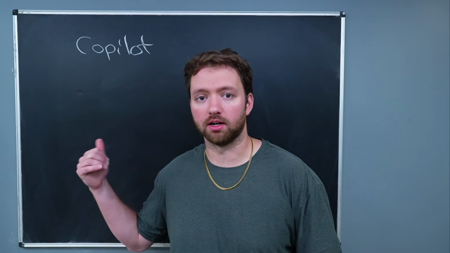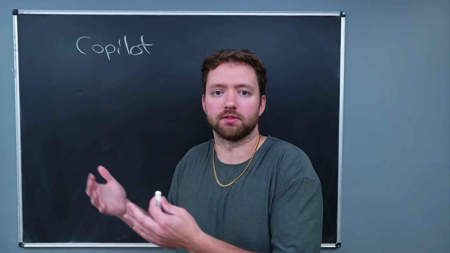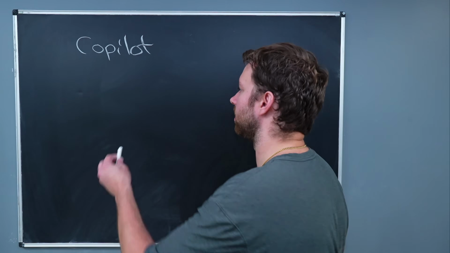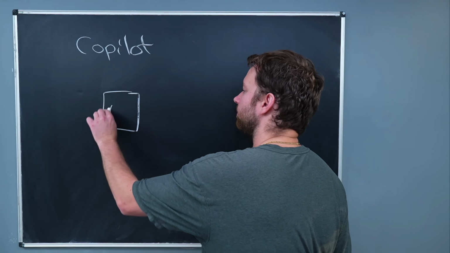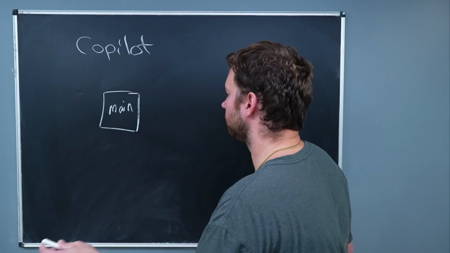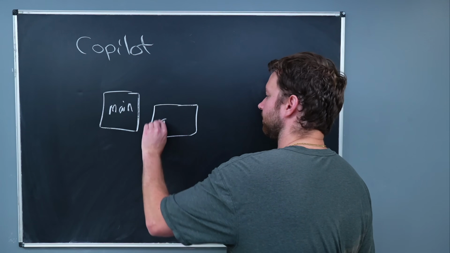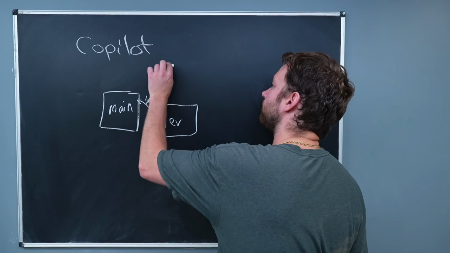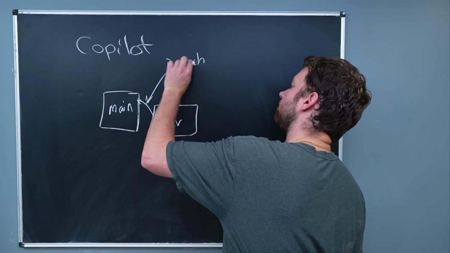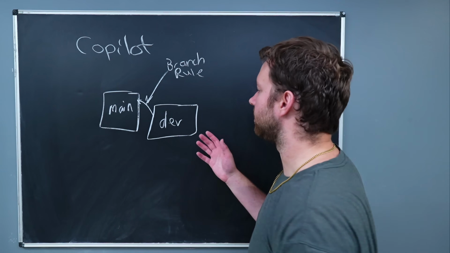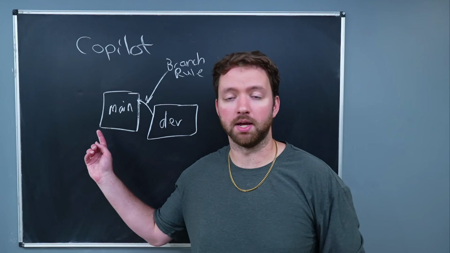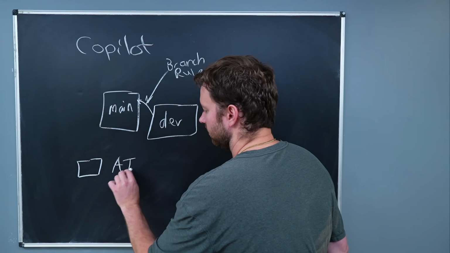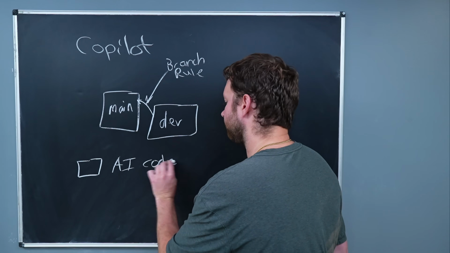Now this is a tool from GitHub and Microsoft, and as a result, it has pretty strong integration with GitHub. So one of the things you can do is when you're working in code, and let's say you have a main branch, and then let's say you have some other branches for dev, you can make a branch rule so anytime you make a change that gets merged into main, it has to first go through an AI code review.